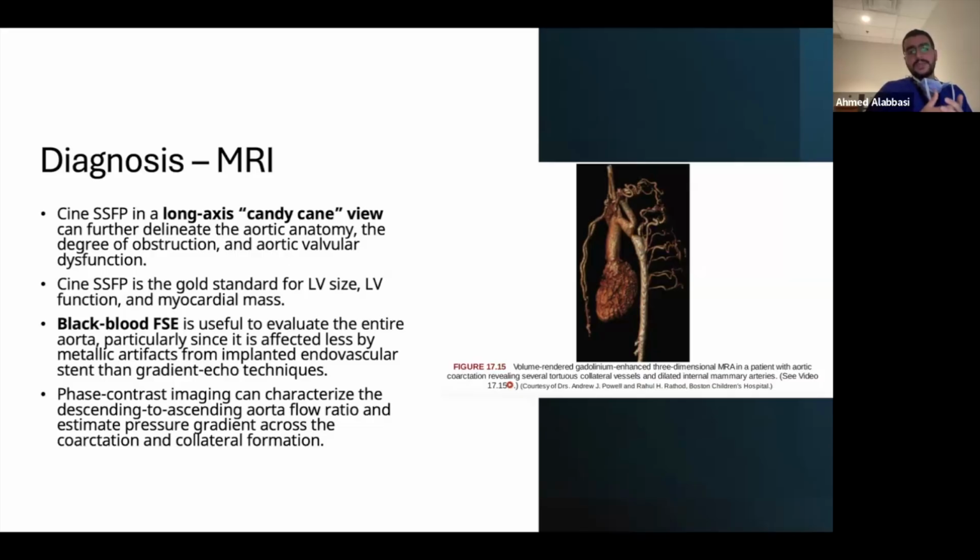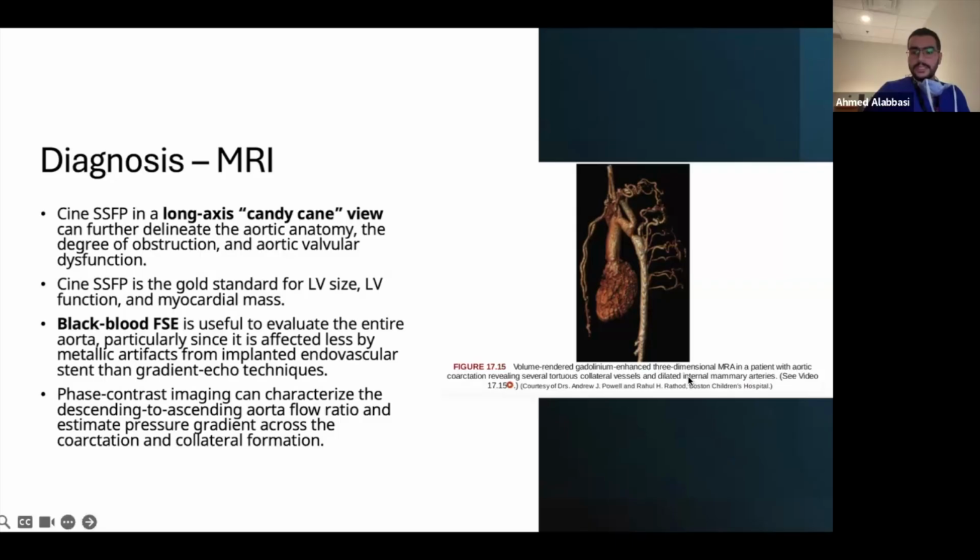The cine SSFP is the gold standard for your LV size or LV function, and you're looking at the black blood FSE, which would be useful for evaluating the entire aorta, particularly since it is affected less by any metallic artifacts. So it would be best in the setting of post repair. And phase contrast imaging can then characterize the flow ratio between the descending and the ascending aorta and be able to estimate the pressure gradient.